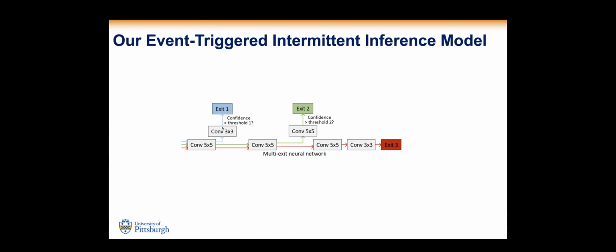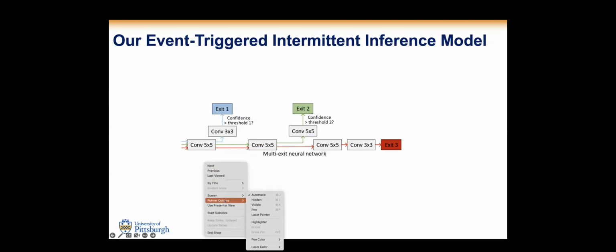This network has multiple exits: exit 1, 2, and 3. You will see the reason shortly. The main reason we designed the network this way is that we want the system to be able to take an exit whenever the power is running out.